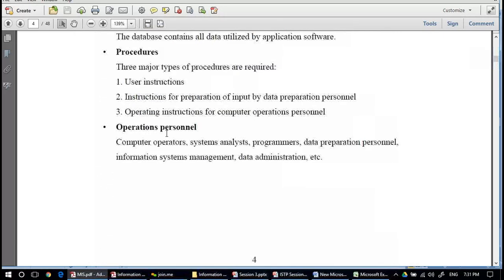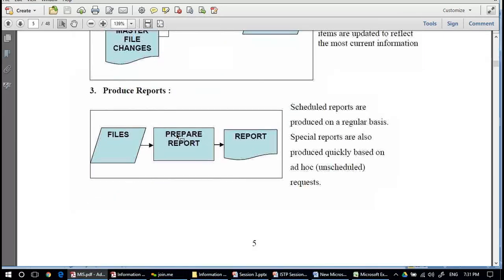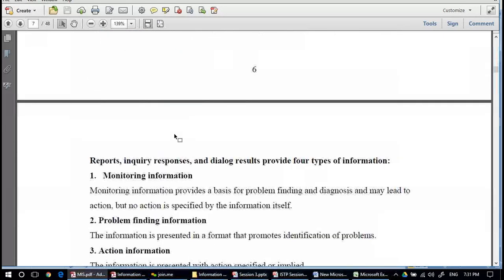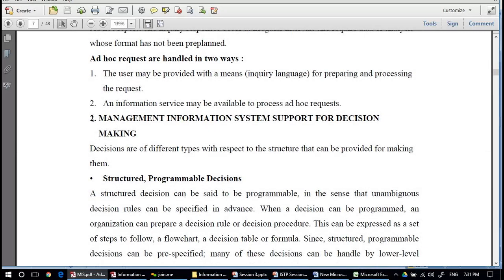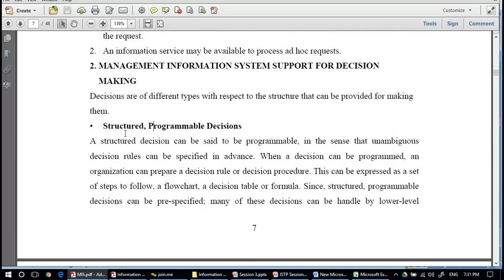Now regarding the decision support system, how the structure of the information system varies according to the decision. Number 2, decisions are of different types with respect to the structure that can be provided for making them. Structured and programmable decisions.